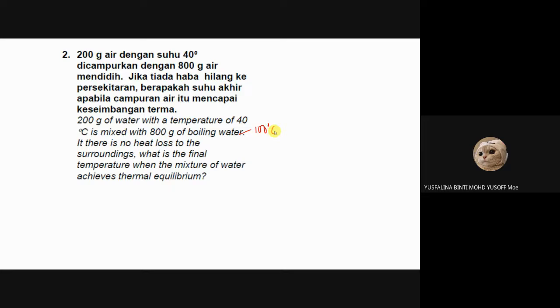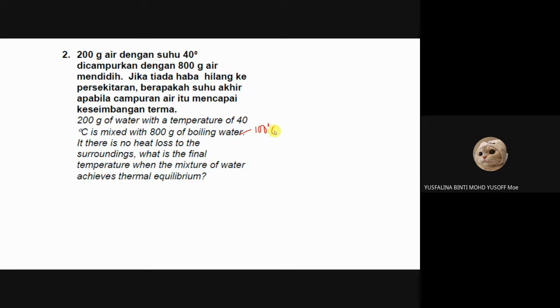Okay, so let's read the question here. When you add the water that is 40 degrees Celsius with the 800 gram that is 100 degrees Celsius, we just learned yesterday about thermal equilibrium.